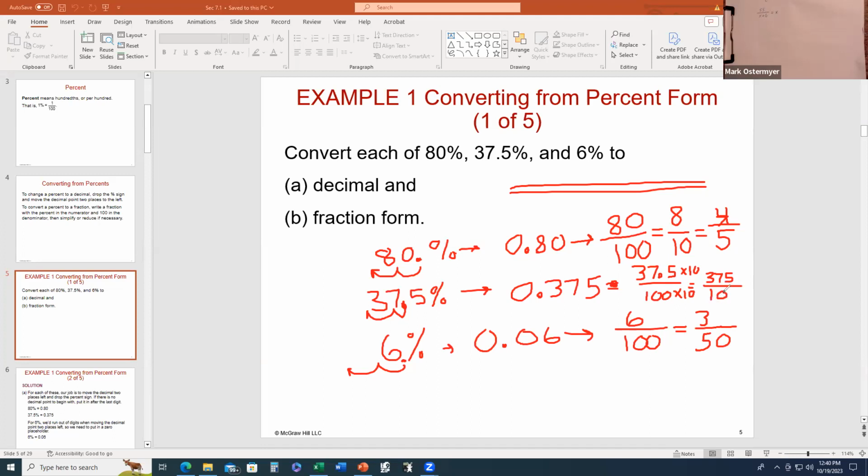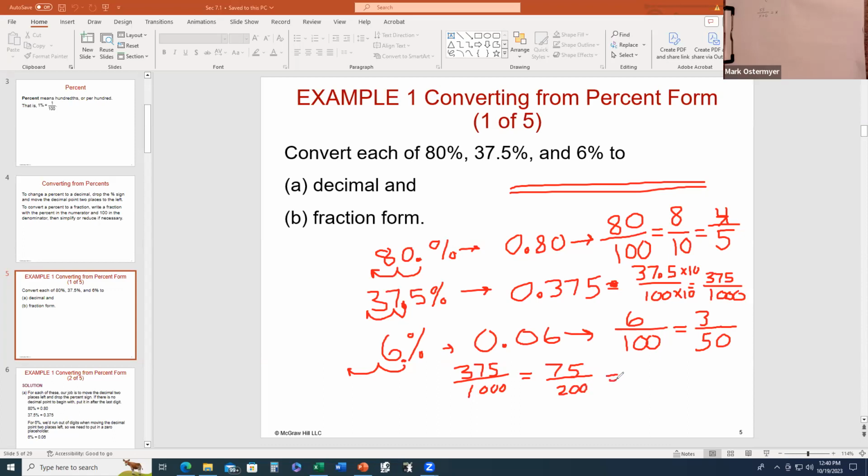And now we can reduce 375 over 1,000. 5 will divide into both 375 and 1,000. 5 divides into 375 75 times, and divides into 1,000 200 times.